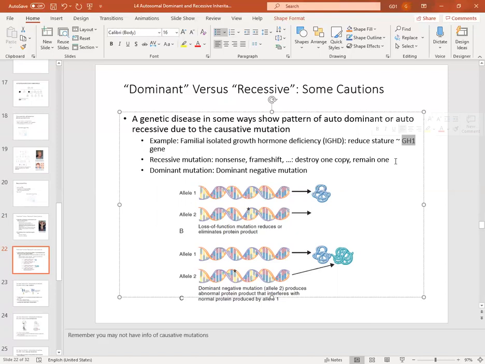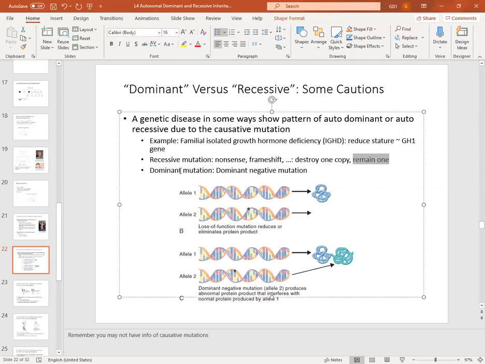We want to check the size of the body, the different phenotypes between short or tall people, and big and small animals. One recessive mutation destroys one copy and remains one, so the person is still normal, just a little bit short.